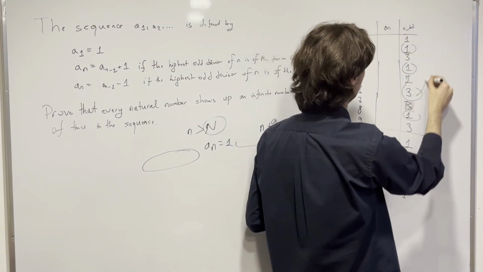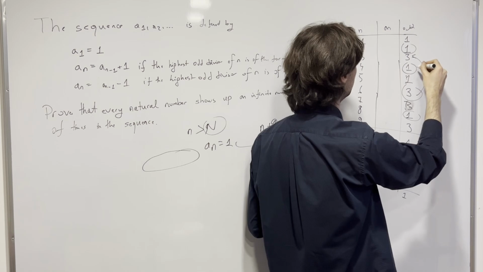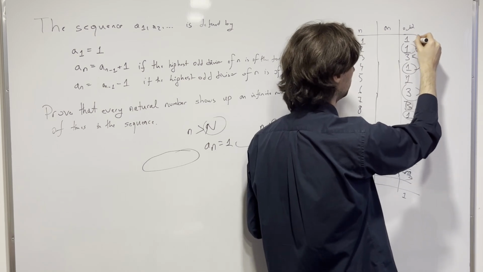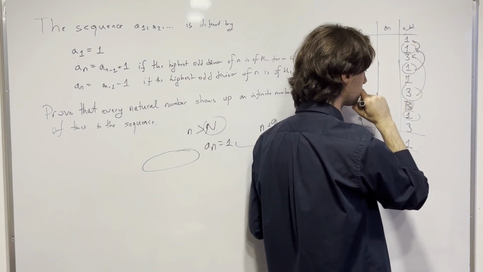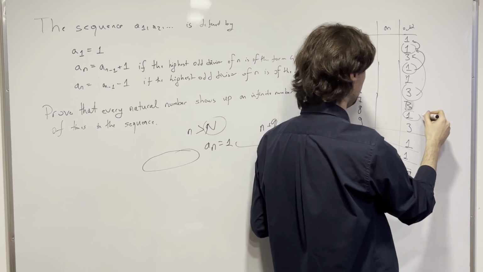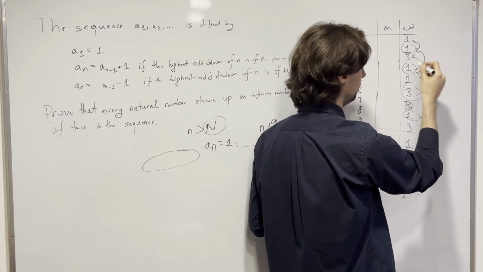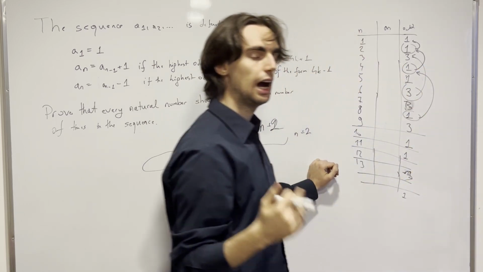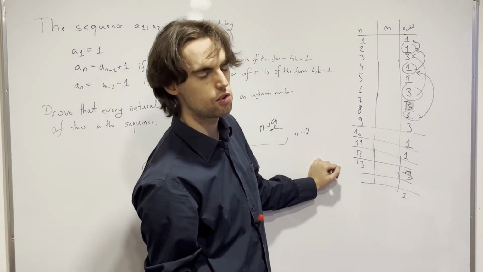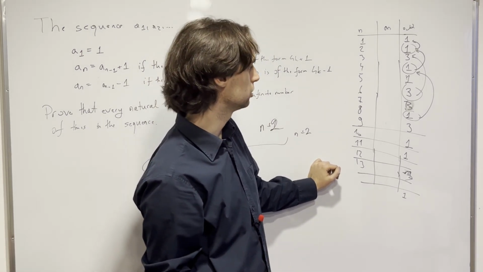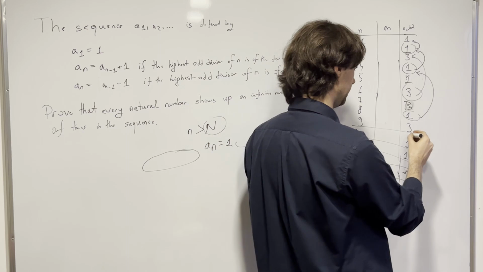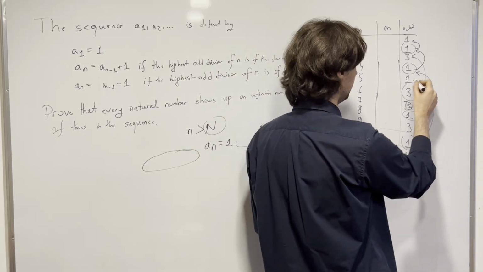And this 3 is tied to this one, which is tied to this one, and so on. You always go by half of 2n. That is what matters when you're looking at evens. The 10 is tied to a 5.